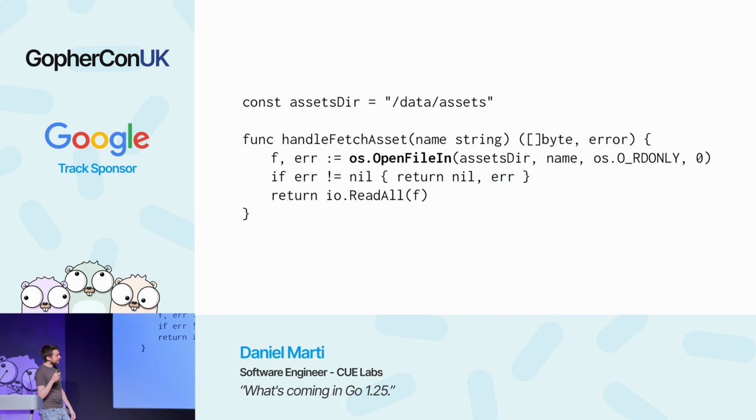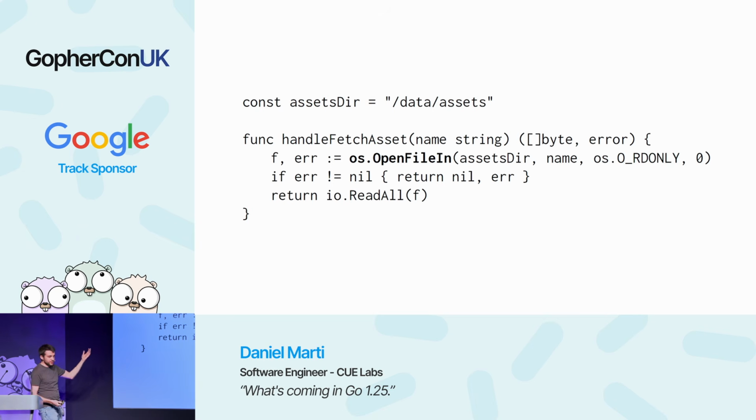So the new API that you have is called, instead of os.OpenFile, it's called os.OpenFileIn. And the first argument is a parent directory path, in this case, the assets directory. And this tells the OS, whatever you do, you're not allowed to open any file that's outside of that directory. So this is basically the OS assisting you, right? It's not just looking at the string.